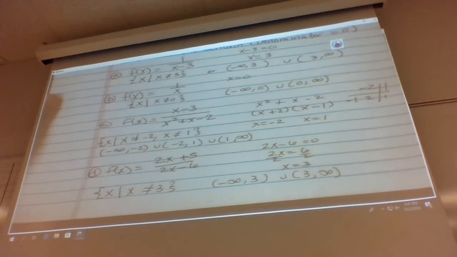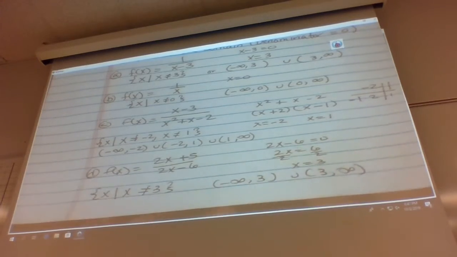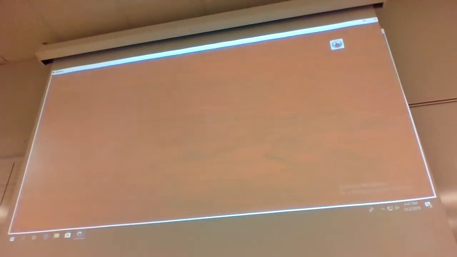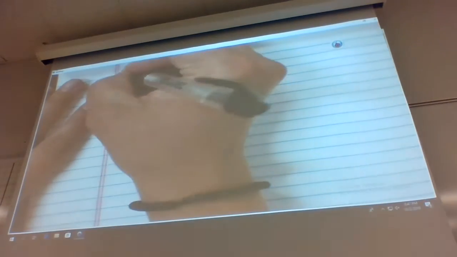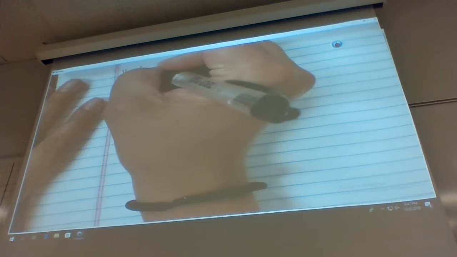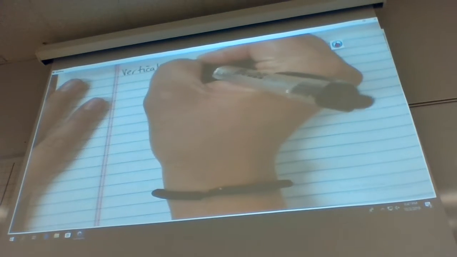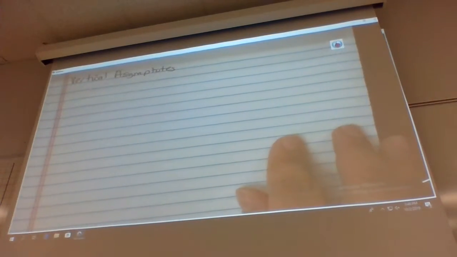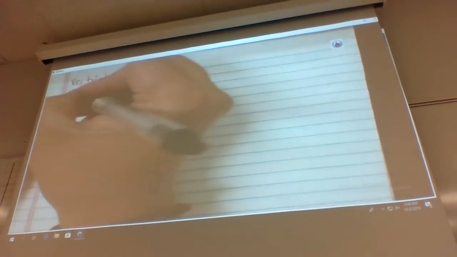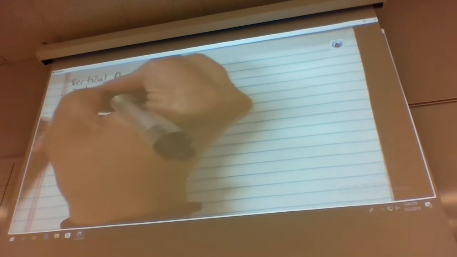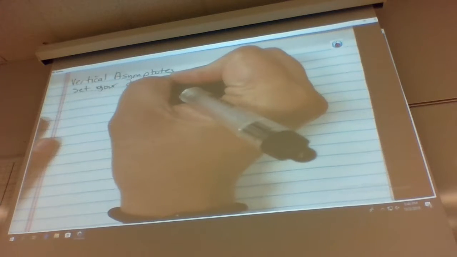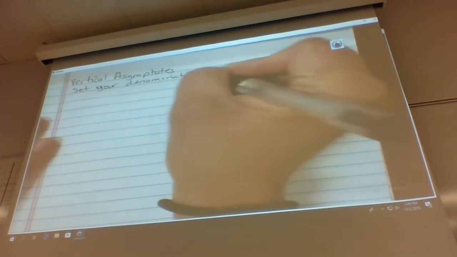Vertical asymptote. Now, this also comes from setting your denominator equal to 0 and solving. F of x, so your function consists of p of x over q of x, which means a polynomial over a polynomial.